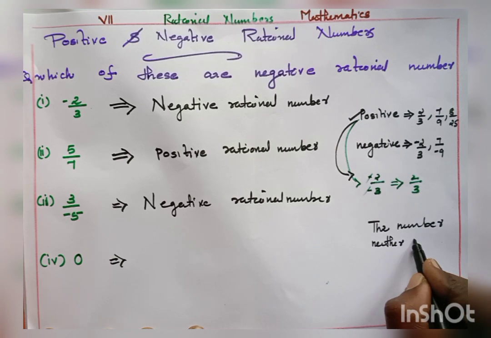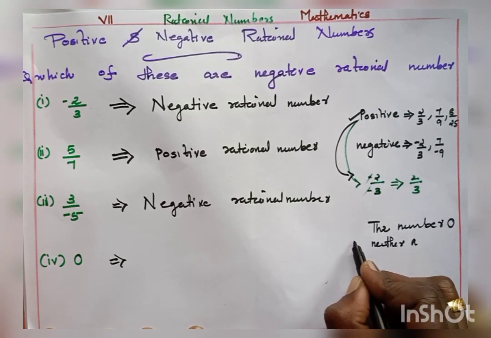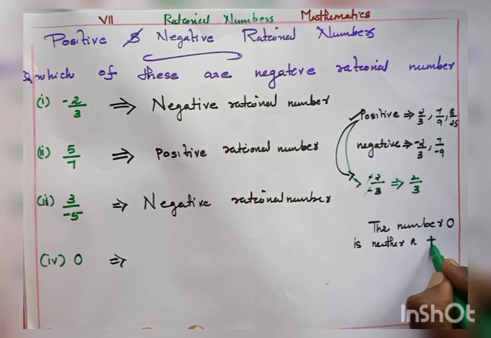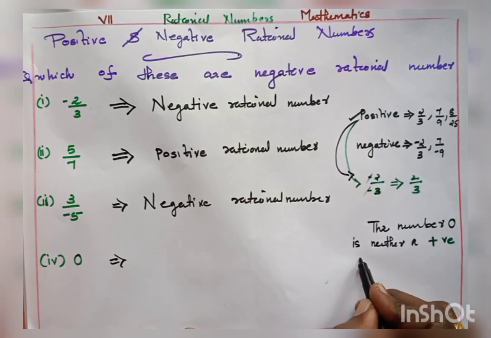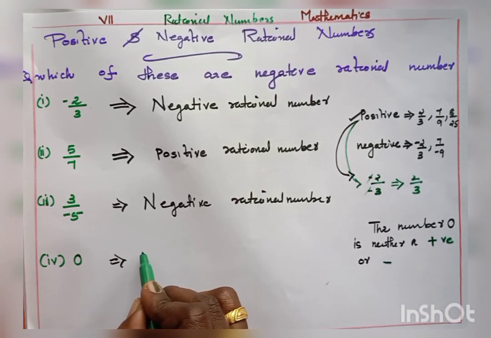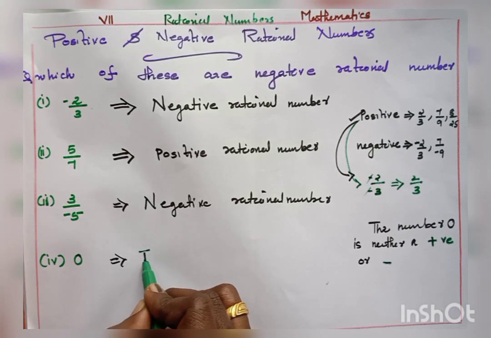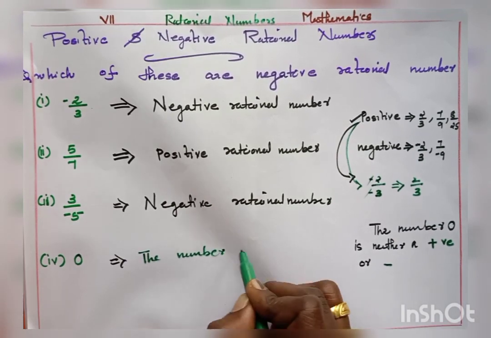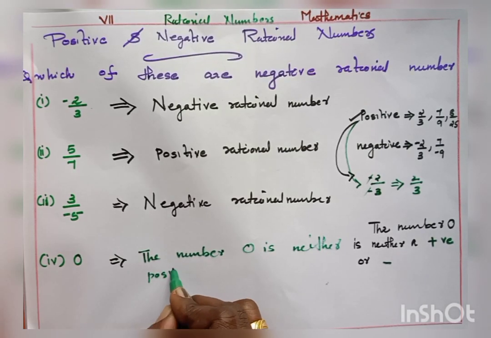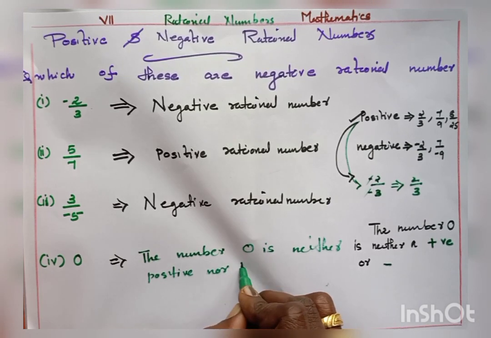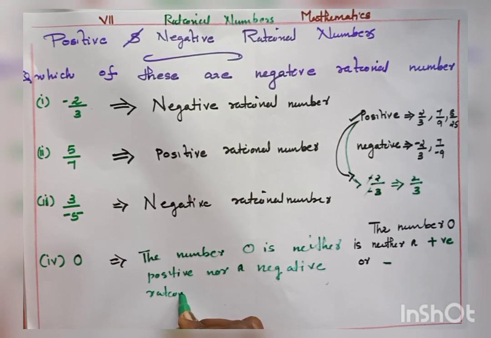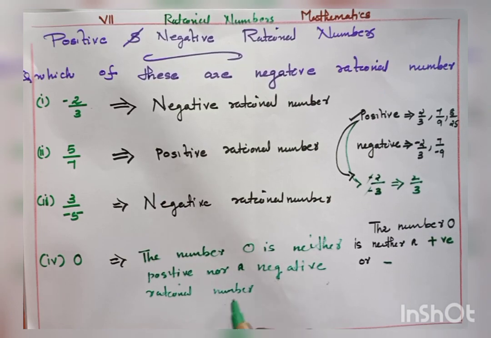The number 0 is neither a positive nor a negative rational number. Okay.